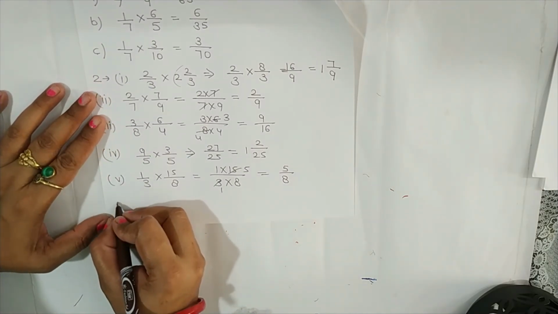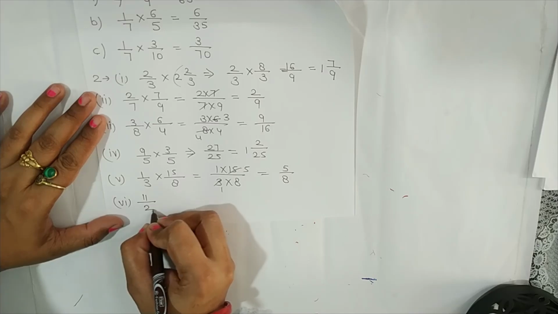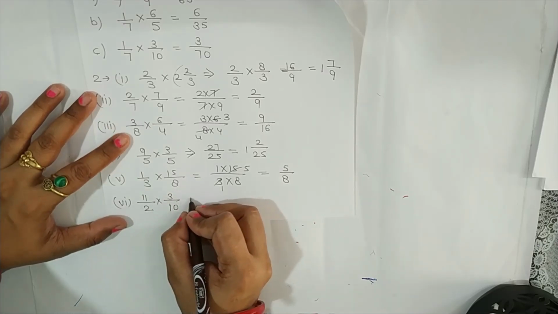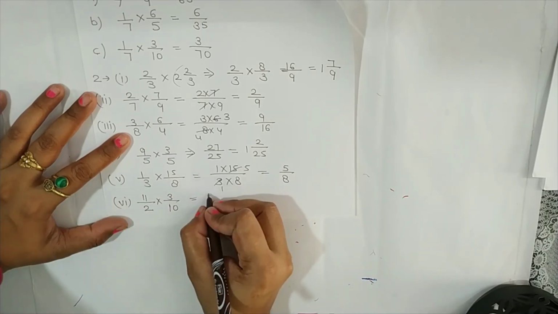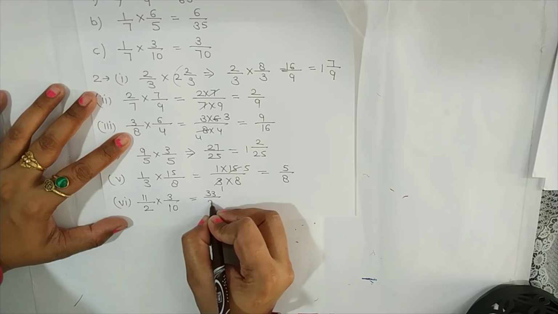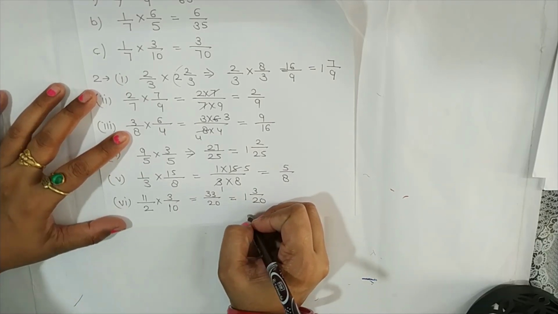Then sixth one, 11 upon 2 into 3 upon 10. It can be reduced. So the answer will be 33 upon 20. It will be 1 3 upon 20.